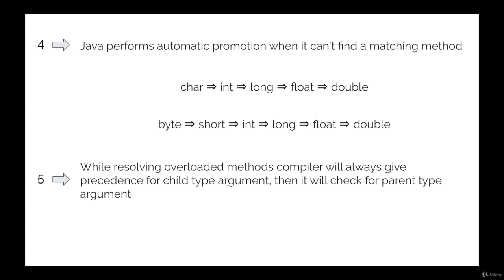Whenever you have overloaded a method, and there are two versions of the method, one has the parent type of the argument and another one has the child type of argument, and both are a match for this particular method call, then the compiler will always prefer the child type of the argument and not the parent type. Let me illustrate this with an example.